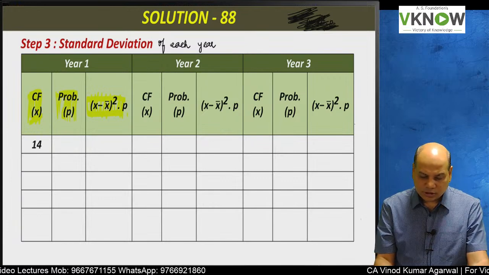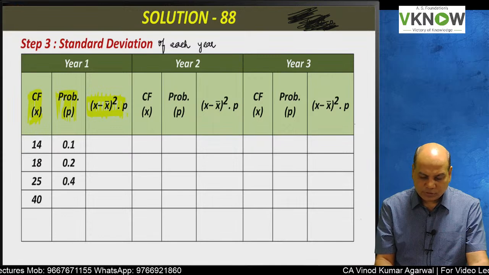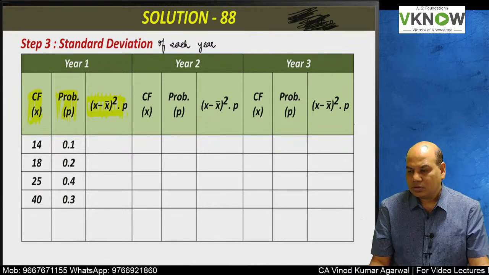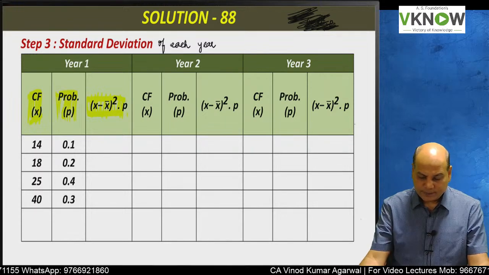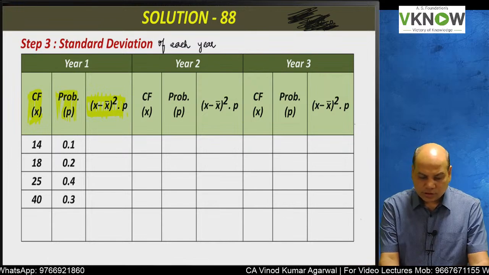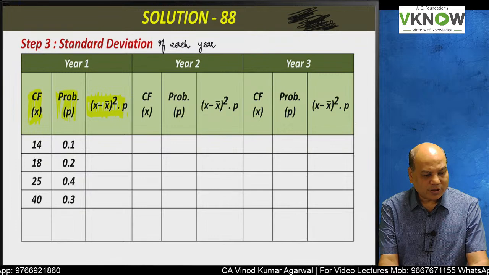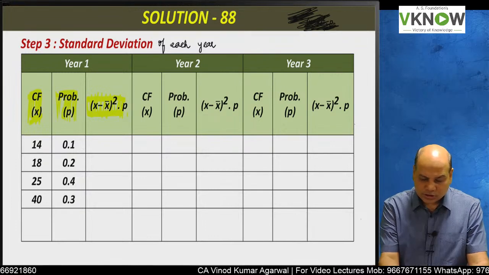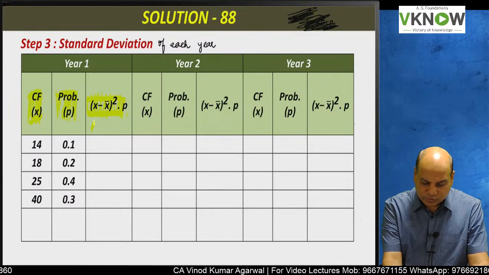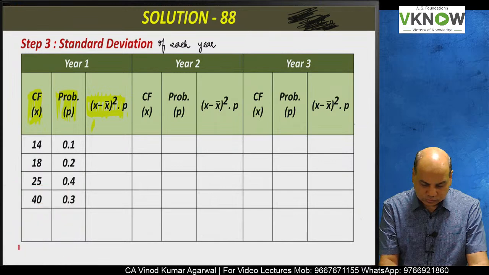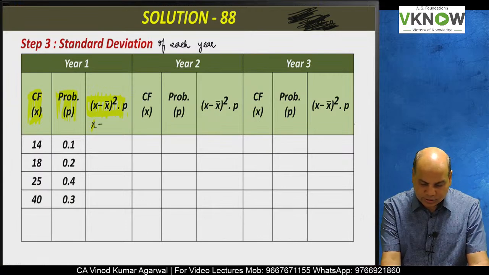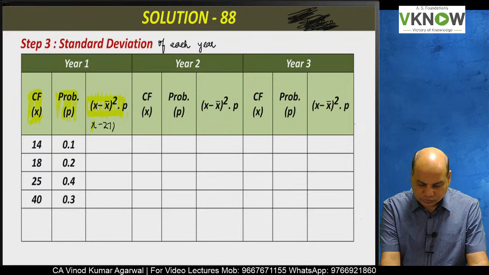First and second column, again please copy from the question book: cash flow and probability. Then this column, what is x bar? X bar means expected CFAT, which is 27 for year 1. So x minus 27 square into probability.